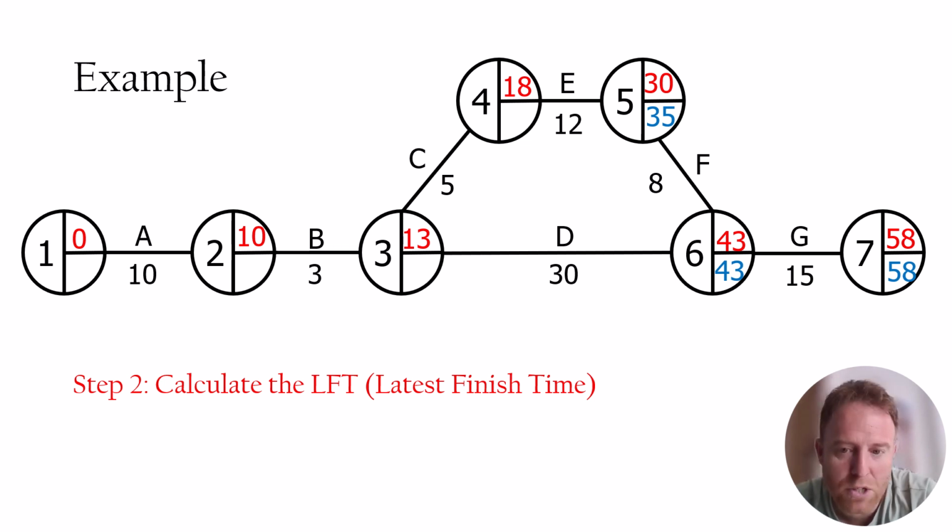Okay, now that's interesting because the early start time is 30 days, but the latest finishing time is 35 days. That means that we've got some flexibility in that node and it's not critical. Now, because it's not critical, it means that if there is a slight delay, for example, a day, 2 days, 3 days, 4 days, it's not going to cause any issues to node 6.